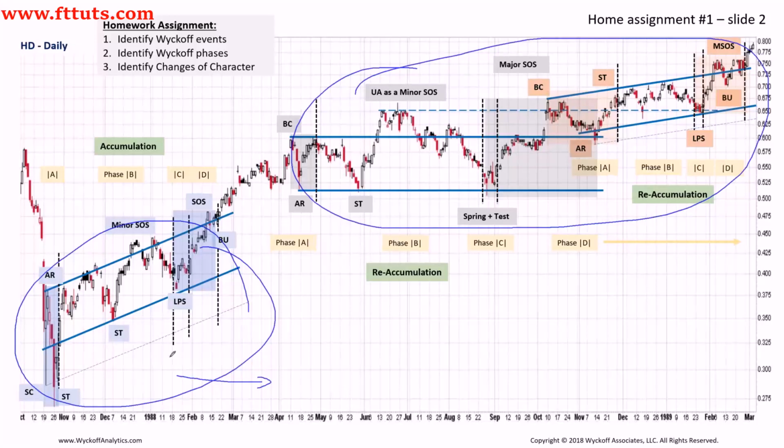So think about the original accumulation. What is happening here? Why does this range have this type of structure where we're seeing higher highs and higher lows? What do you guys think? What does this represent? And what kind of behavior by institutions could be observed through this type of structure?